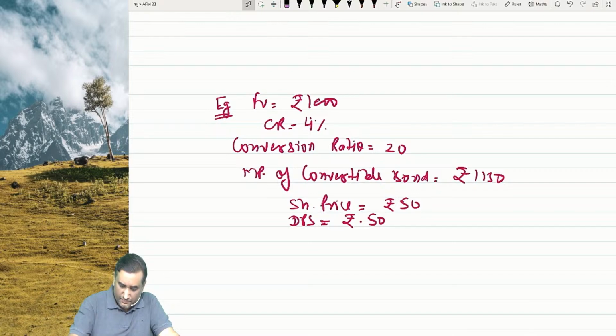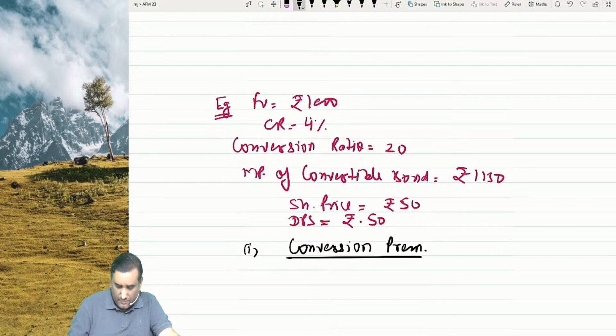Conversion premium. Want to copy? That's your choice. So what will we be getting? 1130 minus what? 52 into 20.